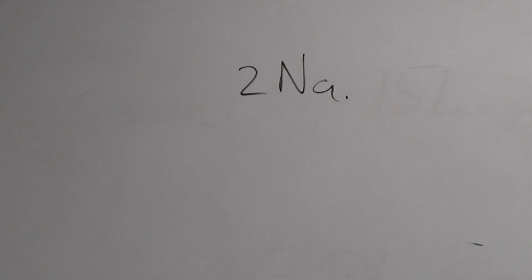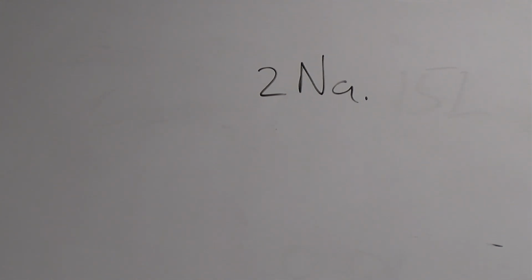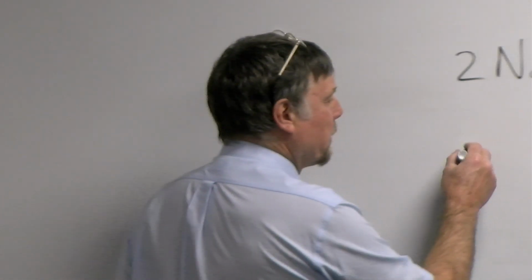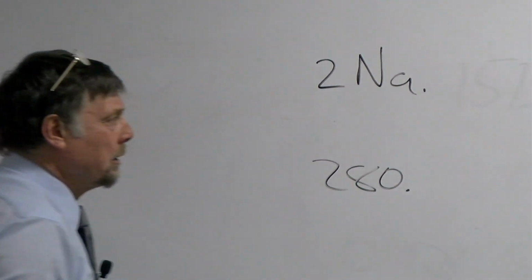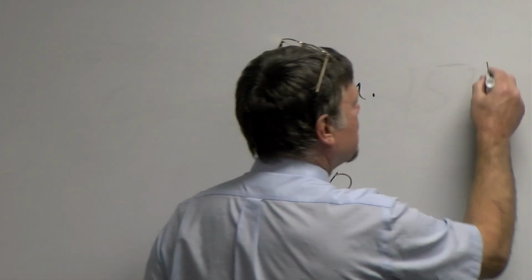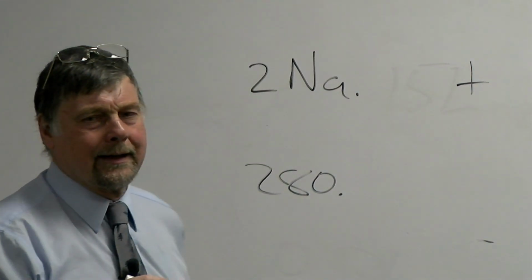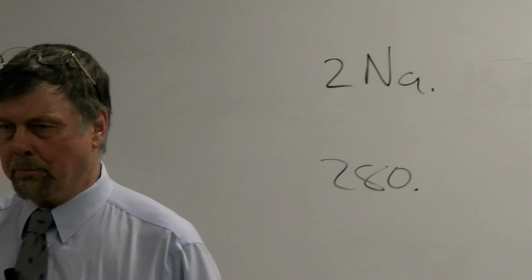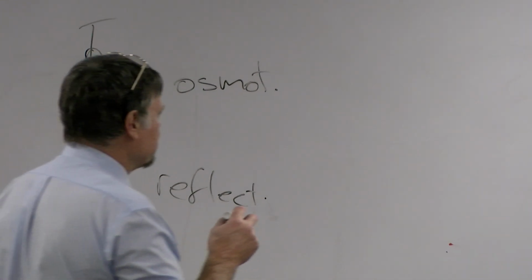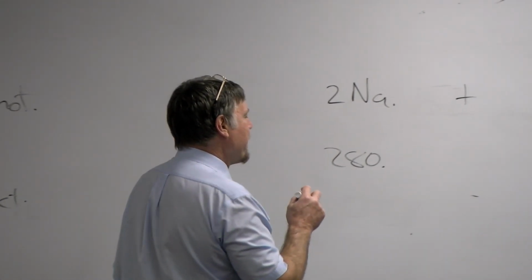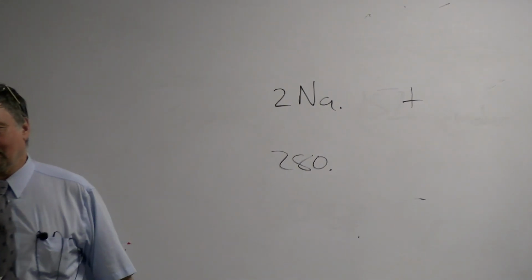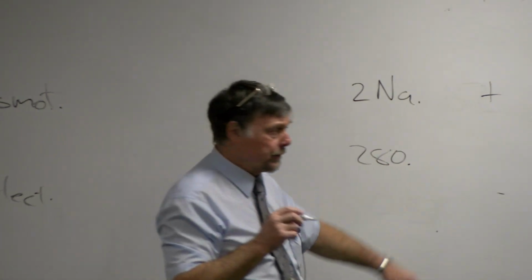So 2 sodiums, it's always got to have an anion with it. So if you double that, it's usually what, 280? Plus, and there's a formula there which you do not need to remember. You will see it many times. I think you need to understand how it's derived, but I will never ask you a question and expect you to remember this formulation.